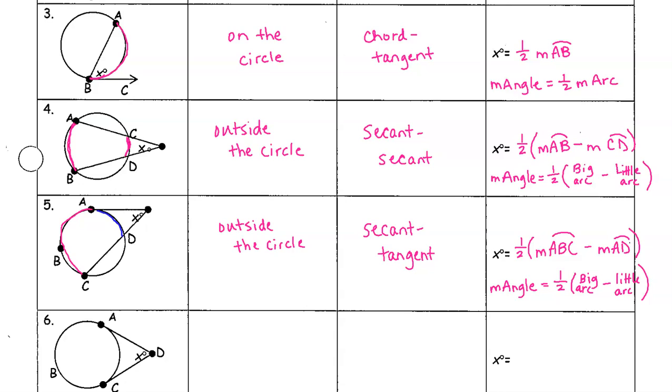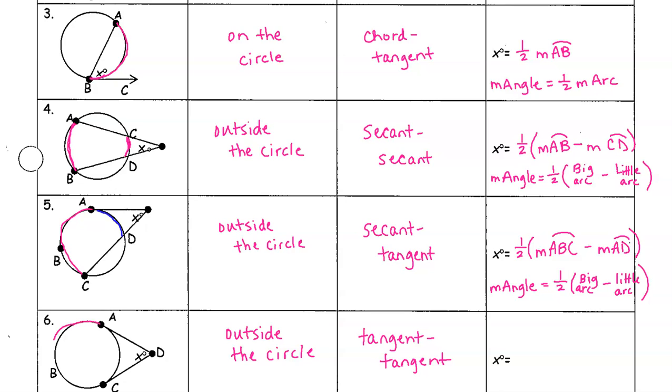Okay, number 6. Again, vertex is outside. If we look at the two lines that make it up, those are tangents. So this is a tangent, tangent. Okay, so again, we have two arcs.